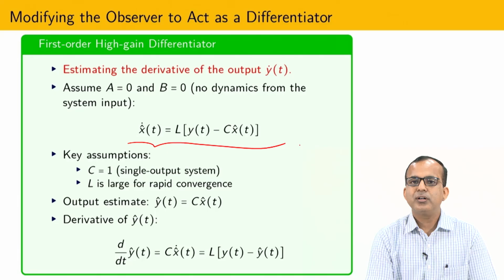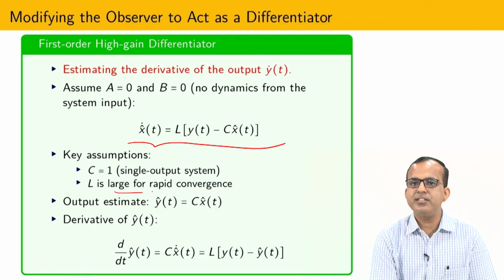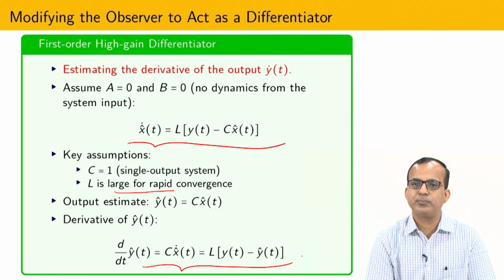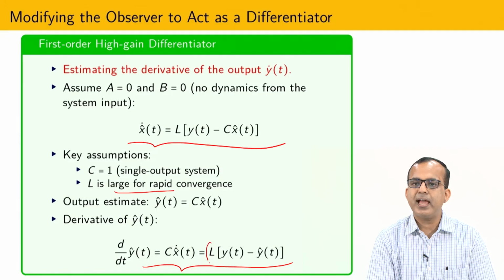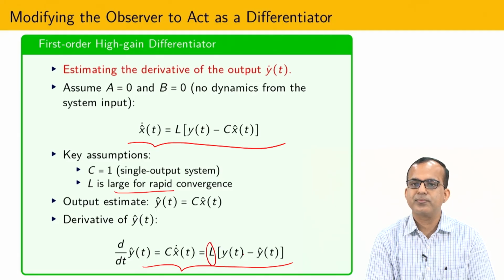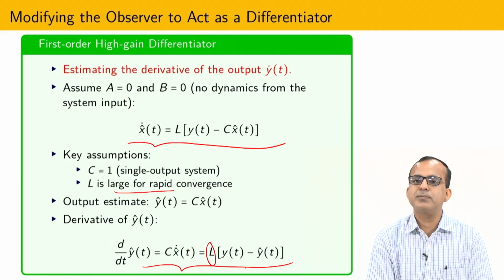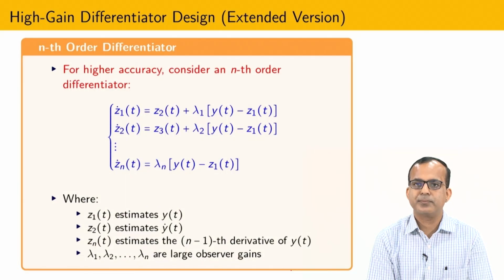So now here I have assumed C equal to 1, and if you keep L very large, so C equal to 1, y hat is equal to x hat, and now if you differentiate, then this system comes into picture. And I am going to show you that if you select L very large, then you can construct the derivative from this particular differential equation.